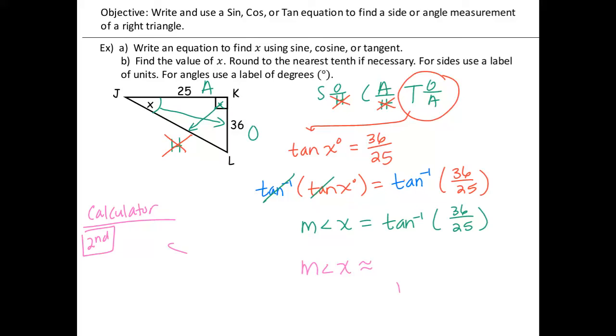So second tangent, and then you put 36 divided by 25, close the parenthesis, press equals.